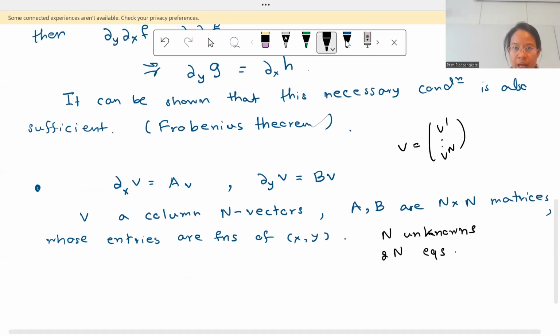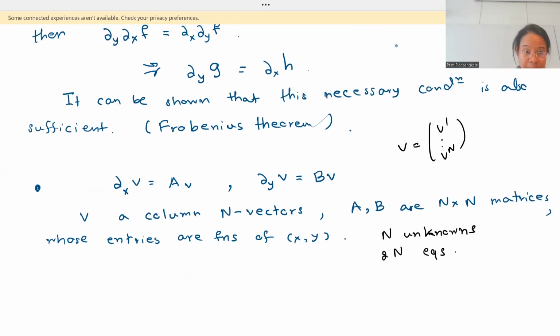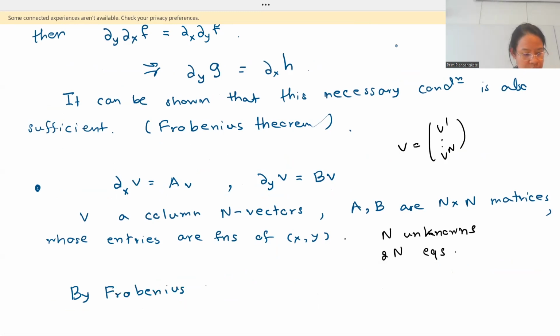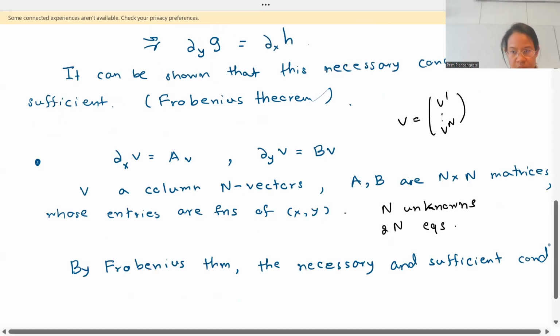Now, by Frobenius theorem, the necessary and sufficient condition for the existence of a unique solution for each initial data.